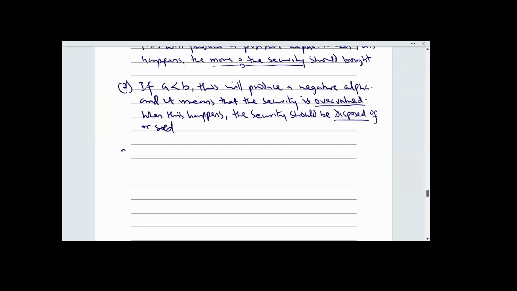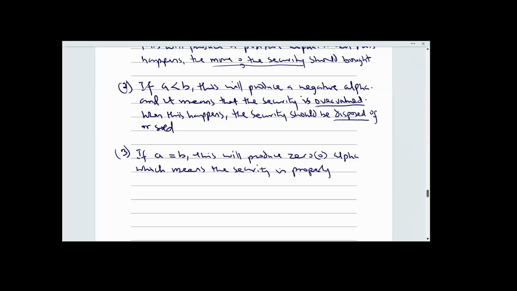Then the last one, number 3, if expected return is equal to the required return, this will produce 0 alpha, which means that the security is properly priced. The security is properly or rightly priced.